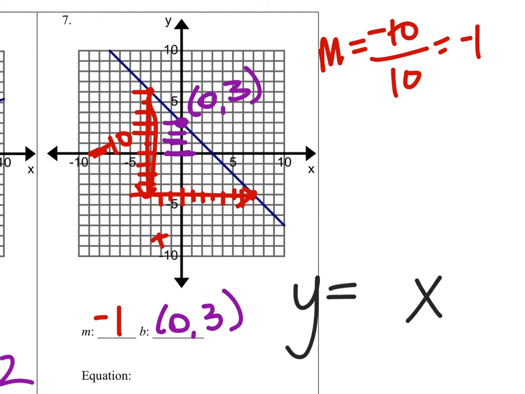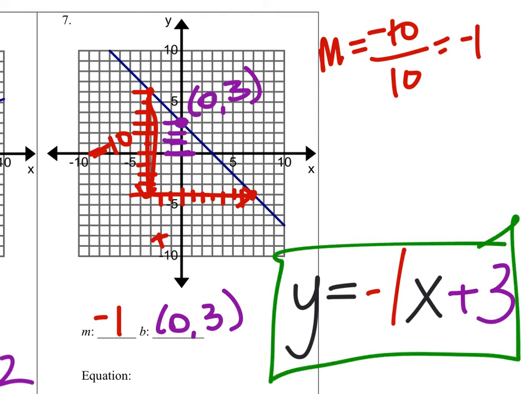That something is the slope, which is -1. Some of you don't want to show the 1 right there, so you may erase it, but having it there is okay as well. And then our y-intercept is (0, 3), so that's a positive 3 up here. There it is, our equation.